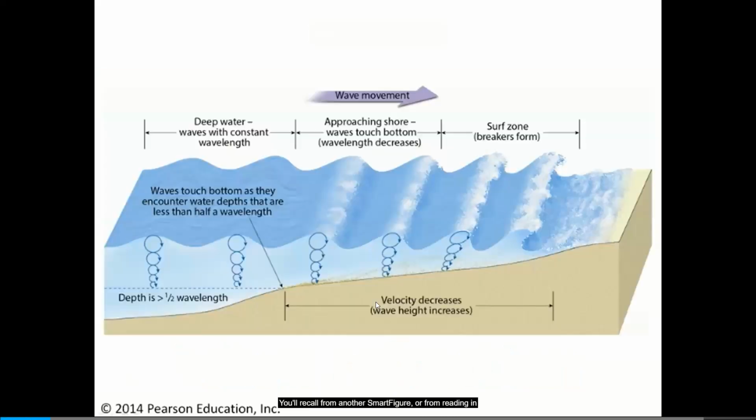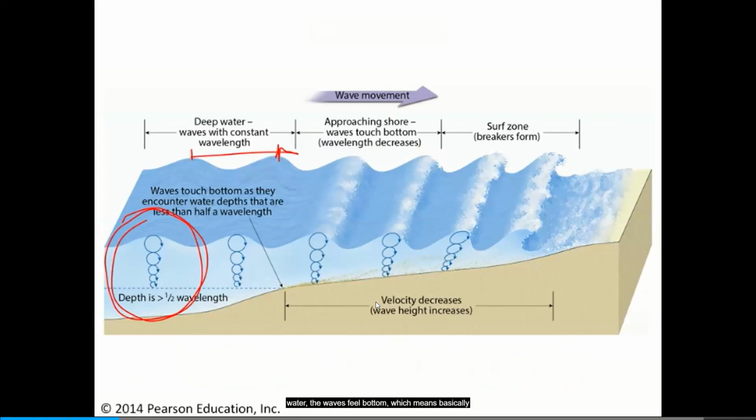You'll recall from another smart figure, or from reading in your textbook, that waves tend to break at the beach because the waves feel bottom. In deeper water, wave particle motion is limited to a depth that is about 1/2 the wavelength of the waves.